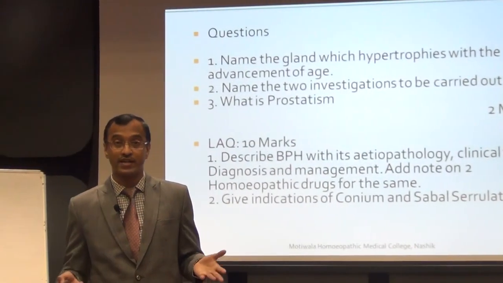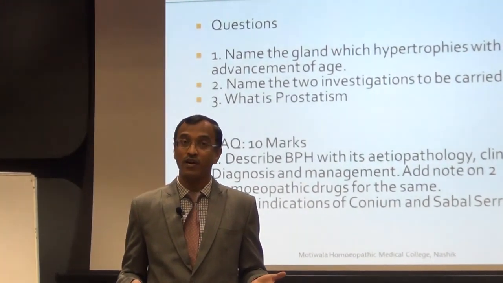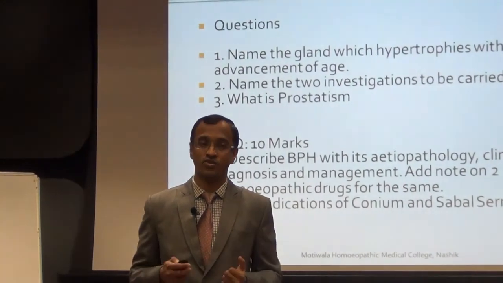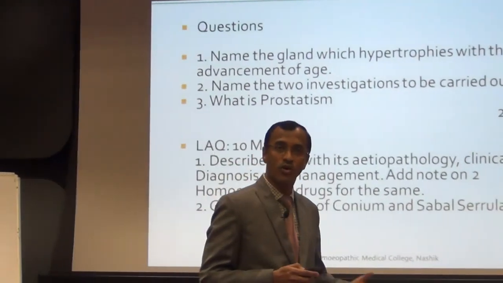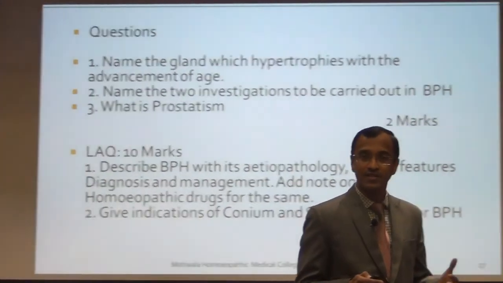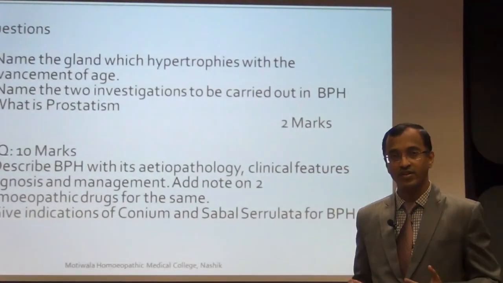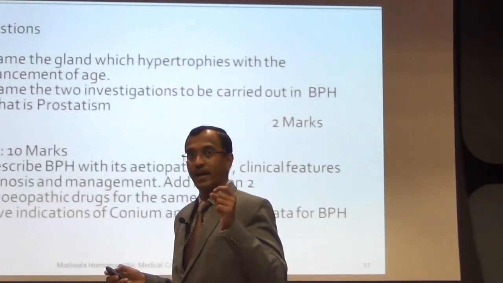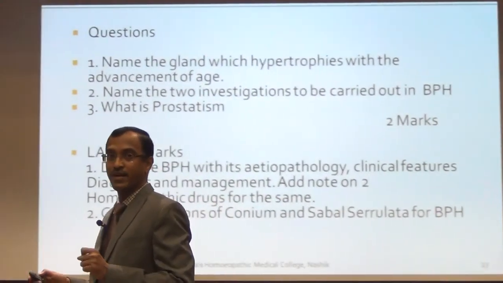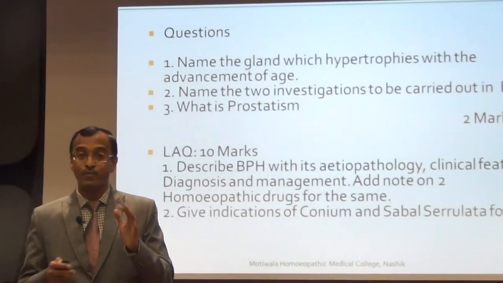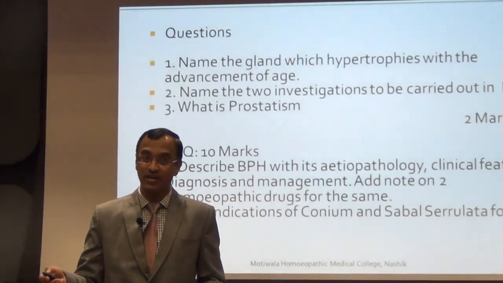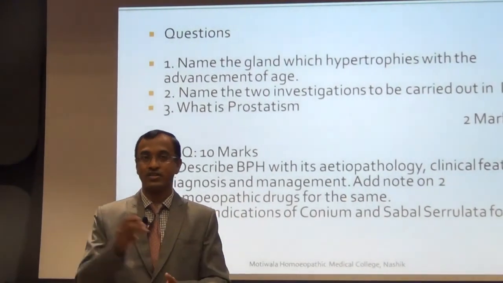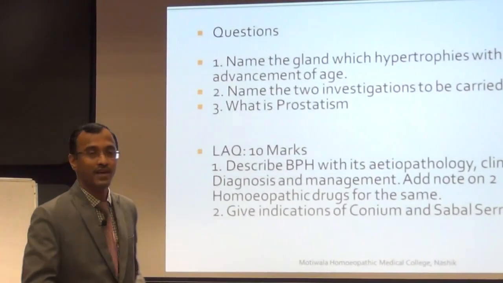One may find the question in the form of a clinical scenario, like a 70-year-old male coming with urgency and hesitancy of urination, and on sonography we find mild prostatic enlargement; how do you approach such a clinical condition? Write down your differential diagnosis and management can also be asked.